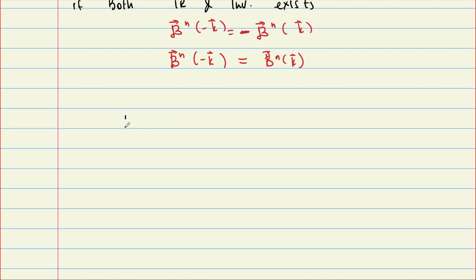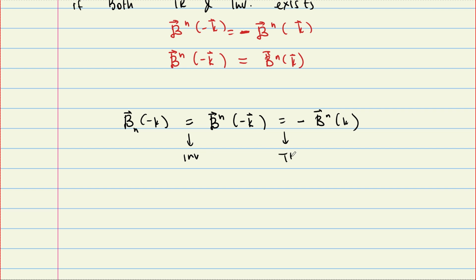So B of minus k in the presence of both time reversal and inversion is going to be equal to, because of inversion it is this, right? This is because of inversion. And now I use this line, but this is going to be minus Bn of k. So this is inversion, this is time reversal.